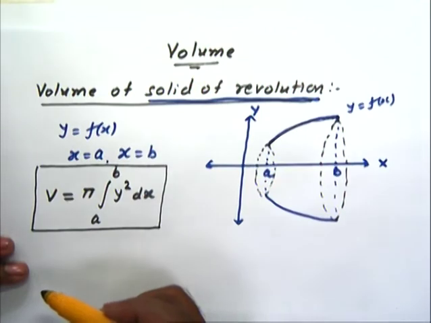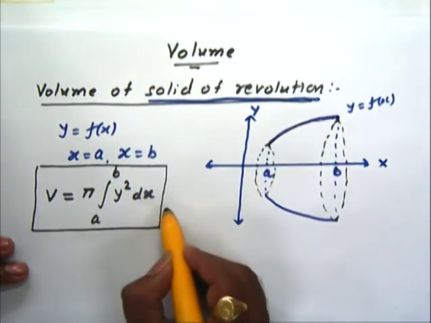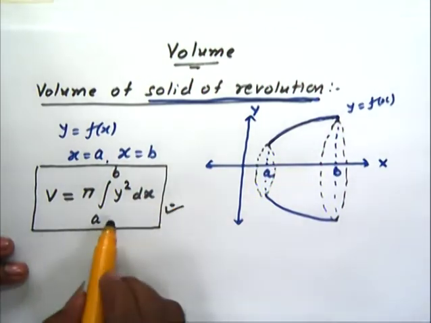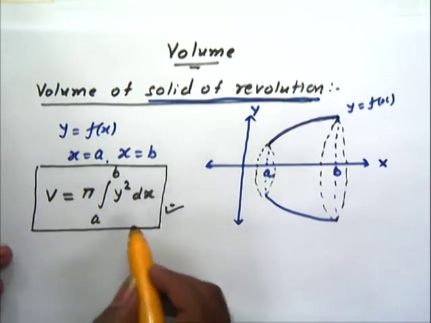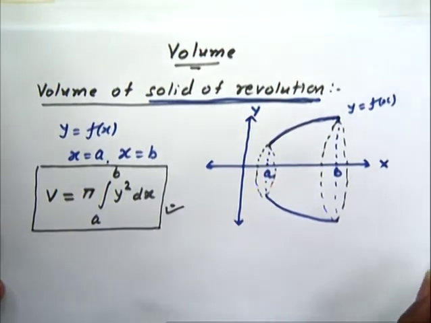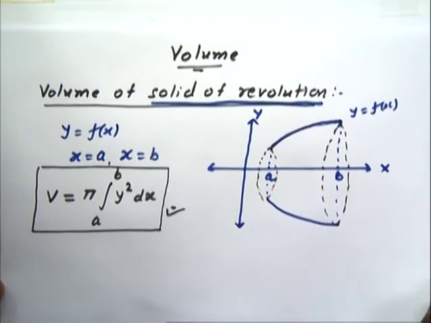Okay, so please note down this formula in your notebook. This is very important and we will use it to find volume of solid of revolution. Okay, so please note down this.